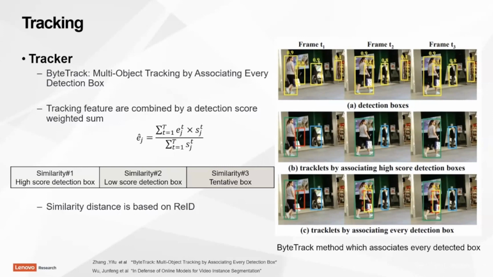The remaining high-score detection boxes are kept as tentative boxes until they appear again in the consecutive frame. For lost and occluded boxes, the tracklet is kept for 10 frames in case they appear again.